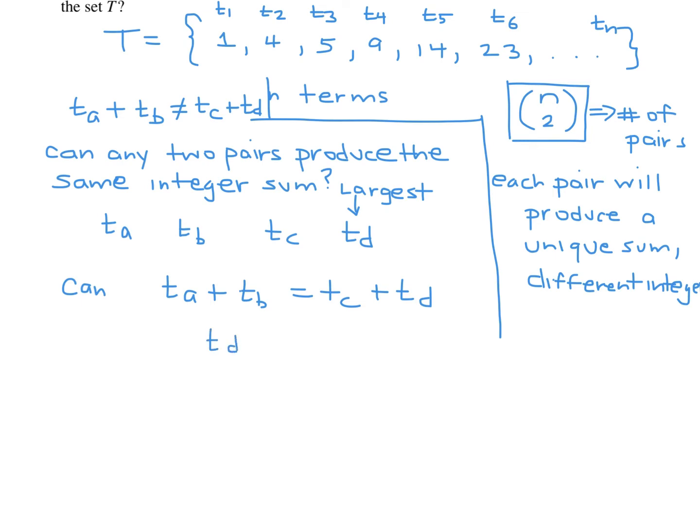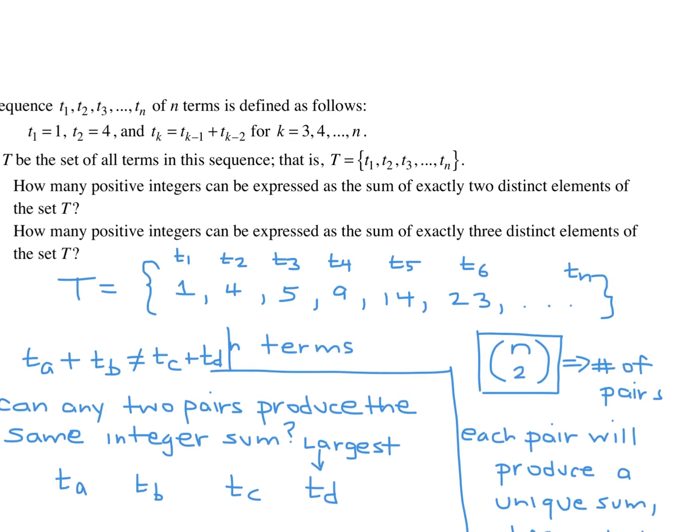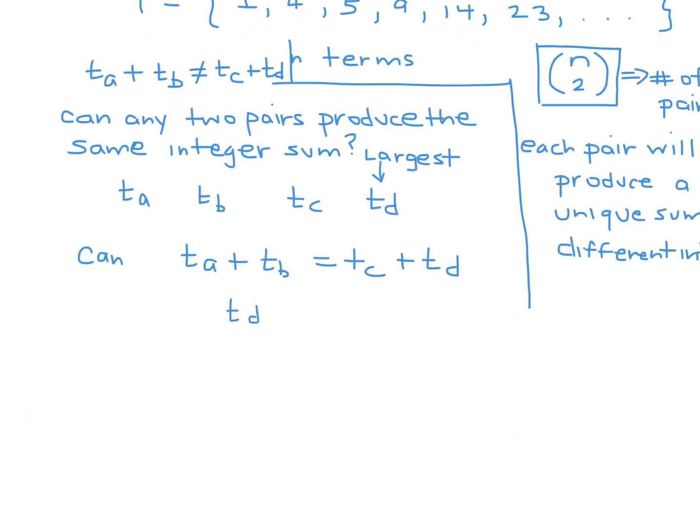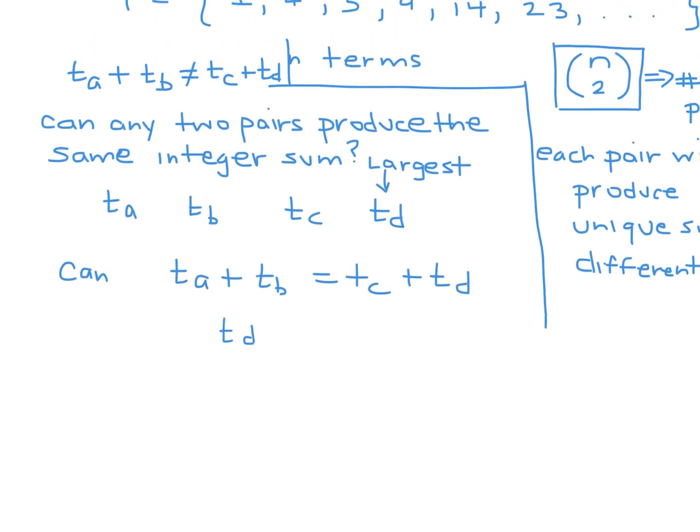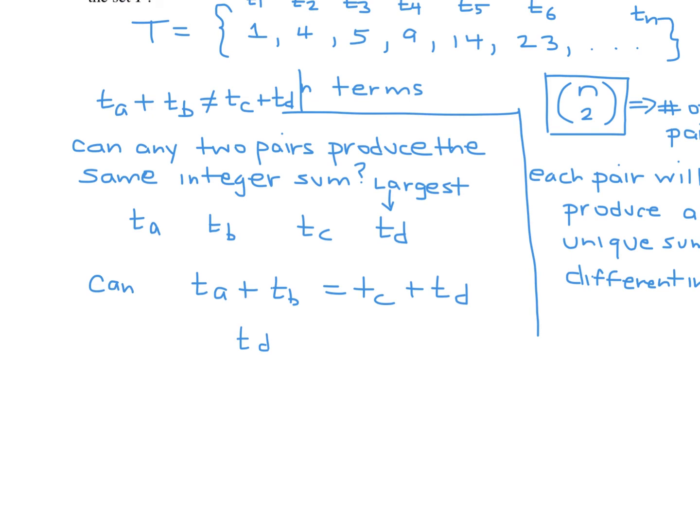TD I had called the largest, right? Okay. Now from our recursive formula that's given in the question right there, we can conclude that TD is equal to TD minus 1 plus TD minus 2, right?